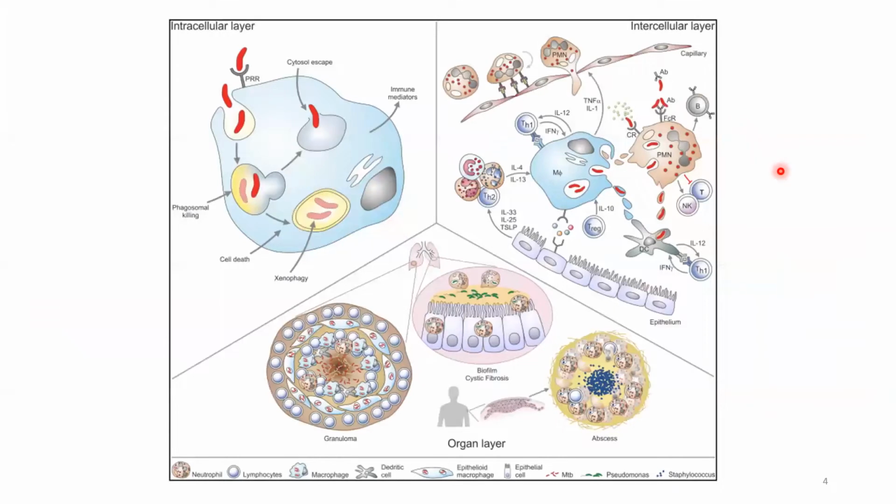So according to bacterial infection, normally we group the infections into two groups. The first is bacteria that get into our body but stay outside our cells. We call them extracellular bacteria.